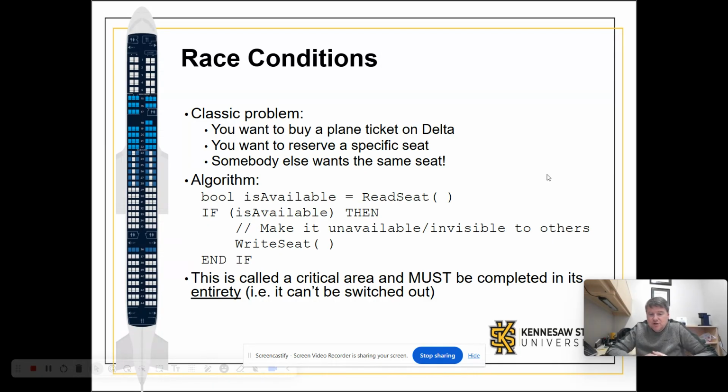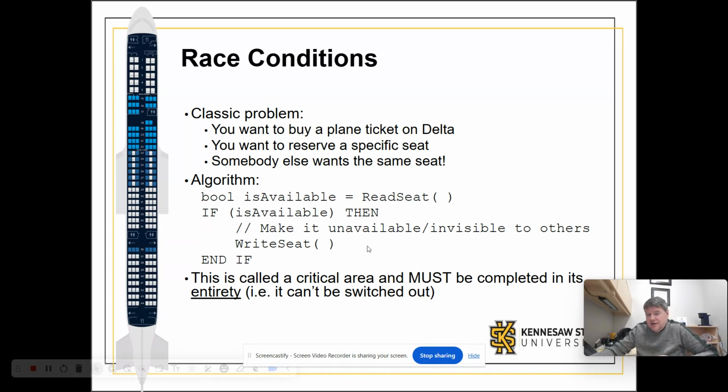So effectively, you're going to say, is the seat available? If it is available, you make it invisible to everybody else, and then you write that they bought that seat. You're going to declare that this whole area is called the critical area. What that means is once you start this block of code, you must complete it before anyone else is allowed to look at this seat.